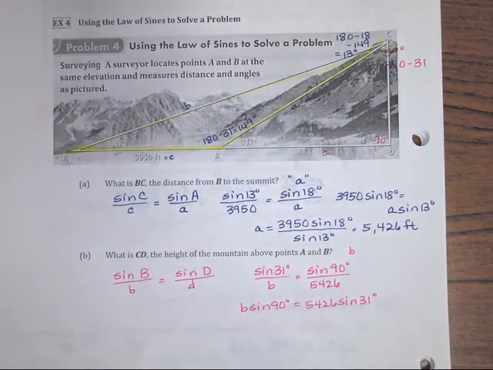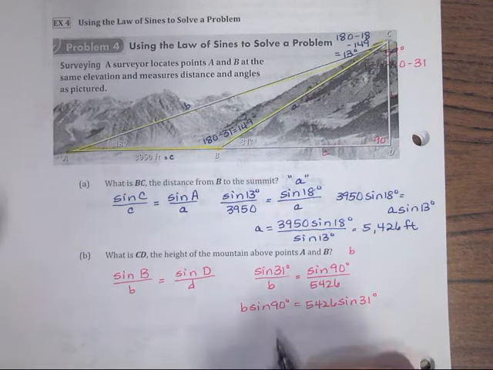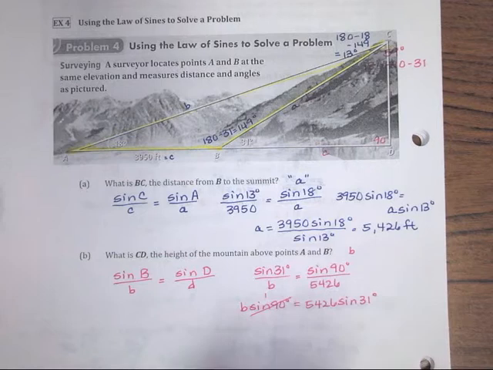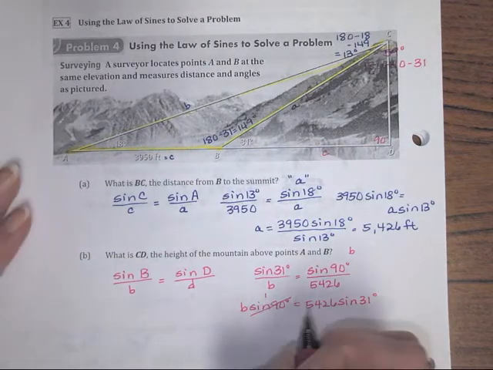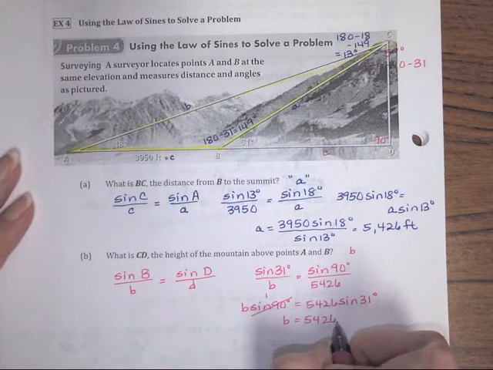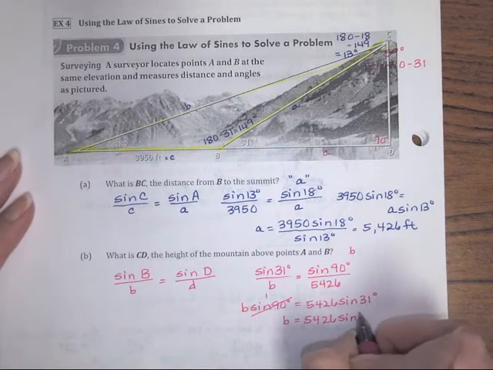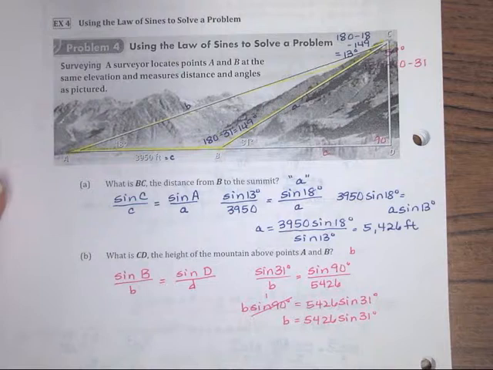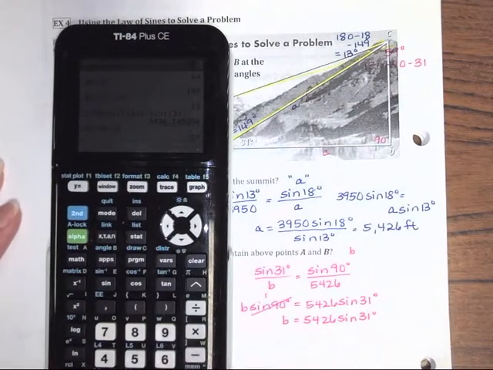What's sine of 90? It is 1. All right, remember that from your unit circle. So B equals 5,426 sine 31 degrees. Let's get our calculator out.